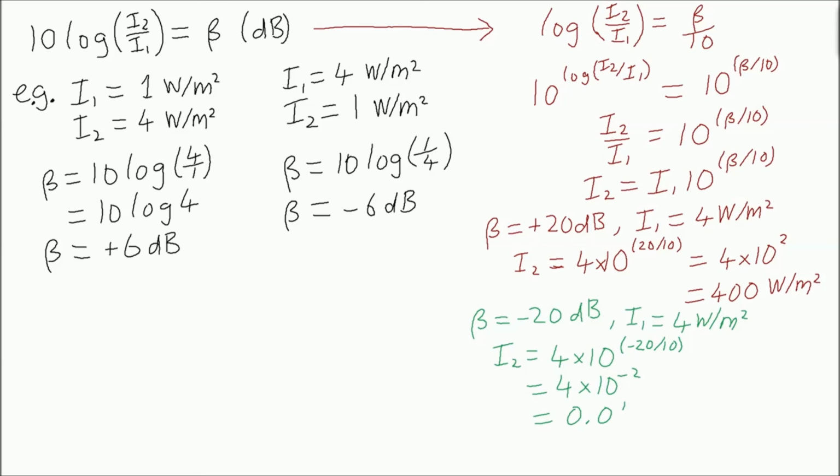That'll be watts per square meter. So a loss of 20 decibels is in fact a reduction by a factor of 100. Now, every 10 decibel increase is a factor of 10 increase, and every 10 decibel reduction is in fact a factor of 10 reduction.